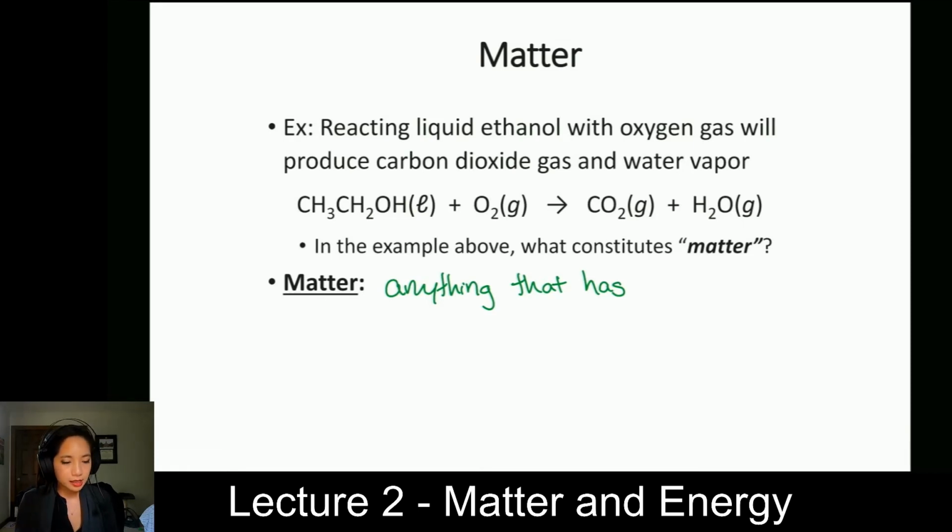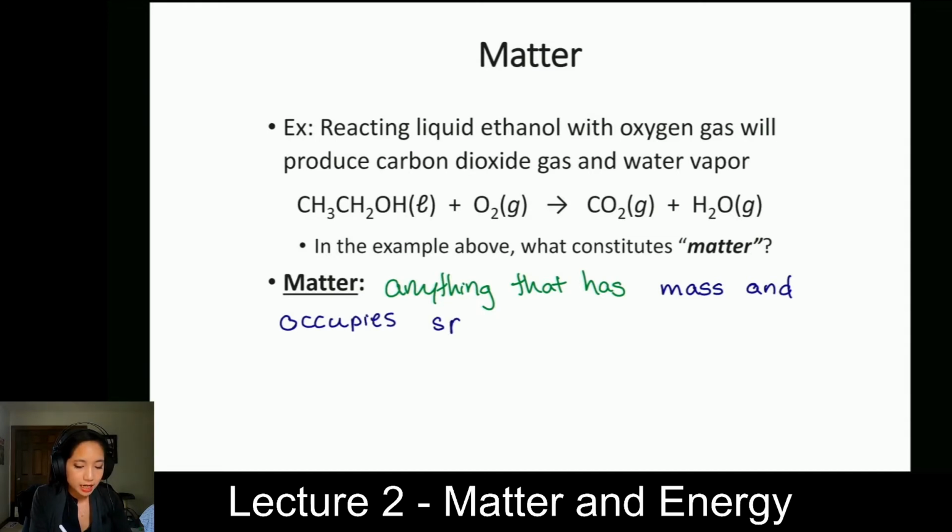Well, let's get our more scientific definition of matter, because in the first set of lecture slides, we just defined matter as the stuff that makes up our world. I mean, that's true, but let's come up with a chemistry definition. So matter really is anything that has mass and occupies space, meaning that it has volume.